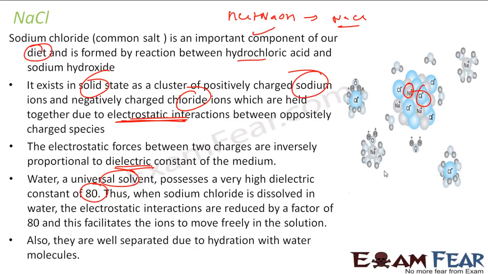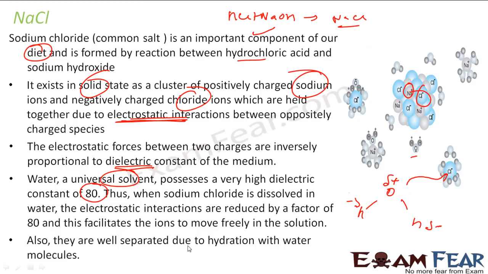For example, as I have shown, the water molecule is H2O. It has a partial positive charge on the hydrogens and a partial negative charge on the oxygen. The partial positive end will attract the Cl- ion, and the partial negative end will attract the Na+ ion. So this gets separated due to hydration with water molecules.